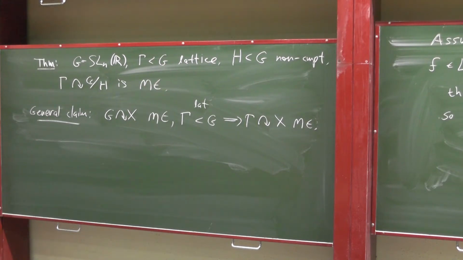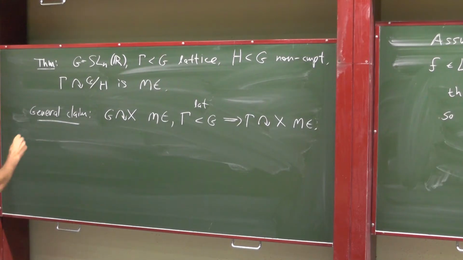Let me give you that one. Of course, the general claim for X equal G mod H gives that here. For this general claim, G need not be SL_n or anything.